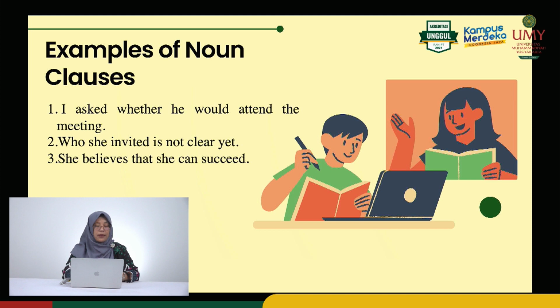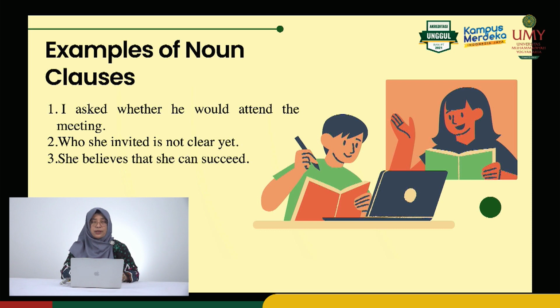And the last example is that she believes that she can succeed. That she can succeed functions as the object. So the sentence she believes that she can succeed contains a noun clause. That she can succeed here has the connector that, has the subject she, and has the verb succeed. So this is a correct noun clause.